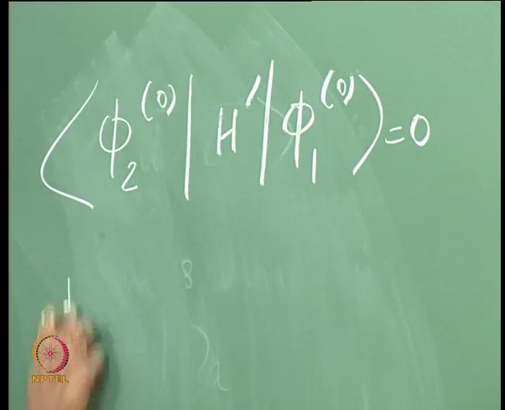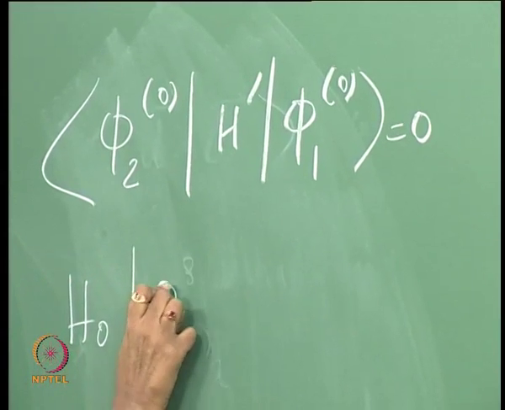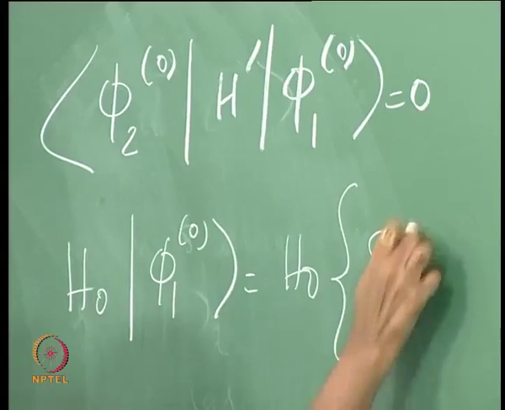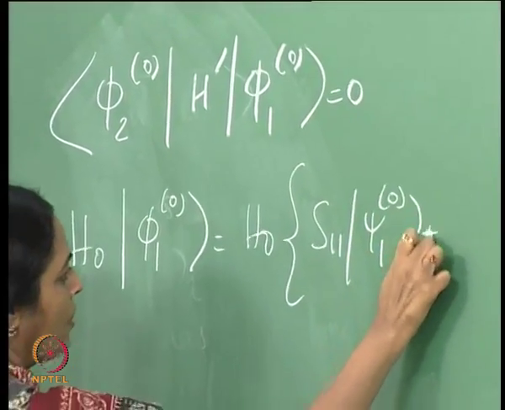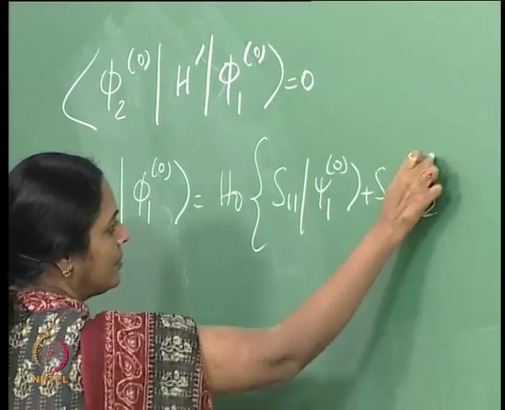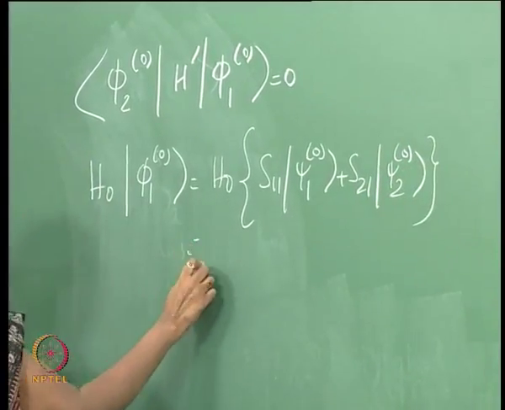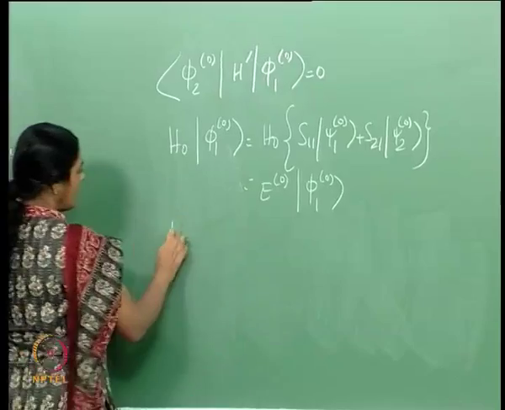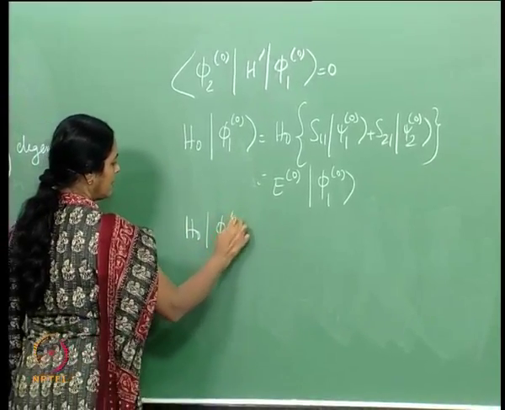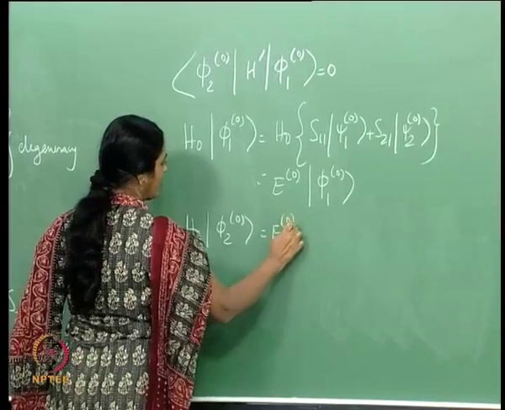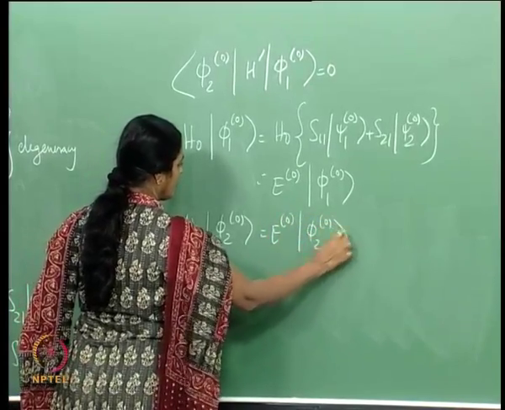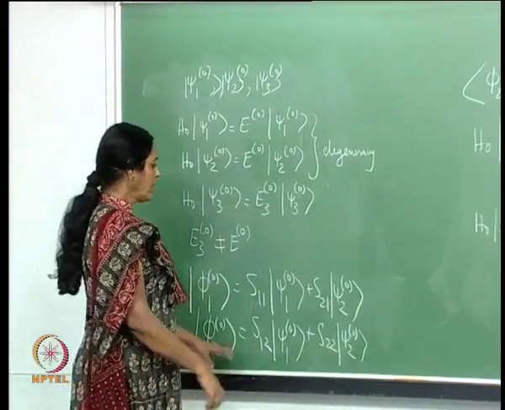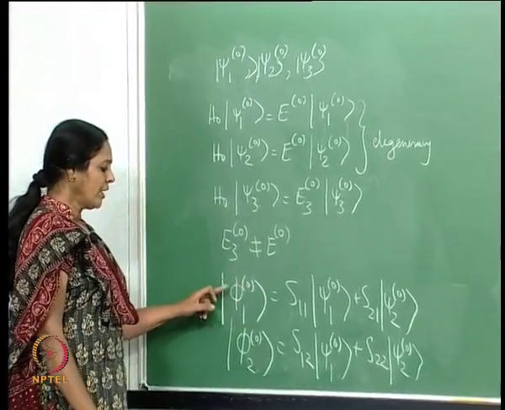The reason is the following: H naught acting on phi 1 0 is H naught S 1 1 psi 1 0 plus S 2 1 psi 2 0, and that is the same as E 0 phi 1 0. Similarly, H naught phi 2 0 is also E 0 phi 2 0. So, instead of looking at psi 1 0 and psi 2 0, if I worked with these combinations phi 1 0 and phi 2 0.